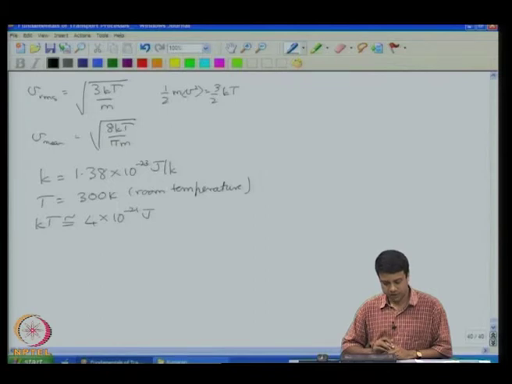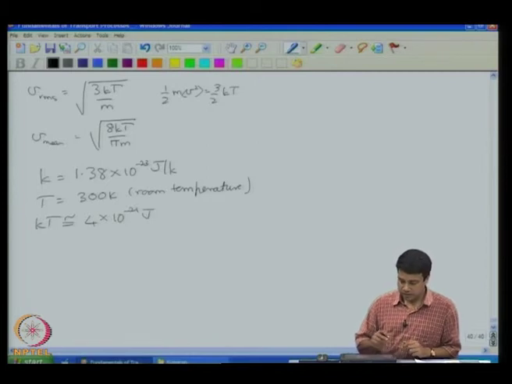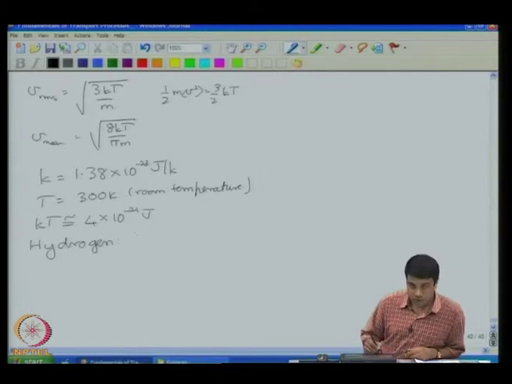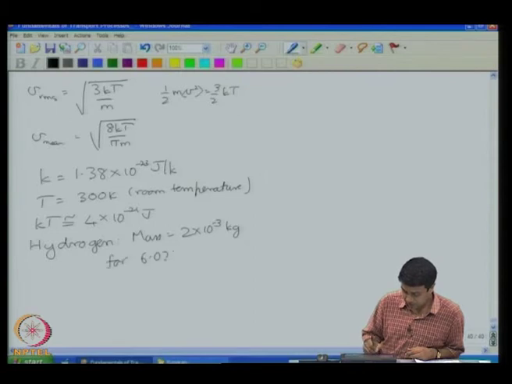What about the molecular mass? The molecular mass of course varies. This is the mass of a molecule. For example, if we take hydrogen, the mass of 1 mole is 2 grams. Therefore, the mass is 2 into 10 power minus 3 kilogram for 6.023 into 10 power 23 molecules.